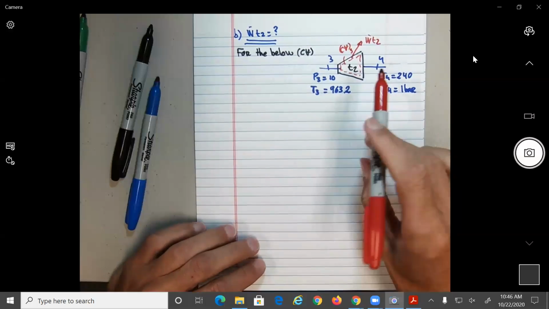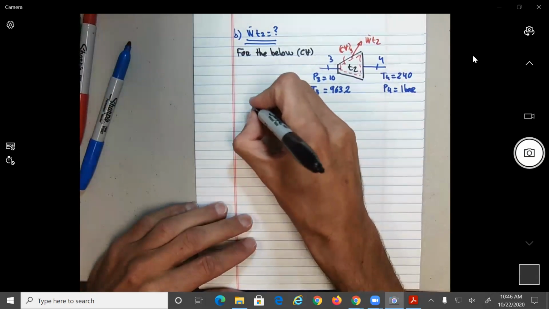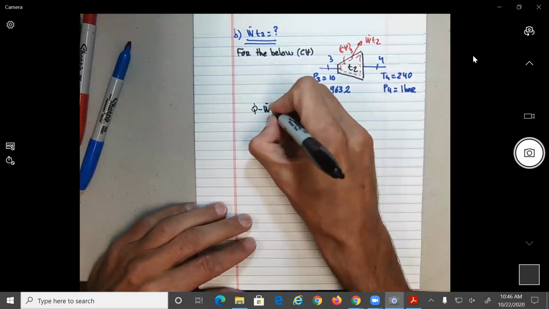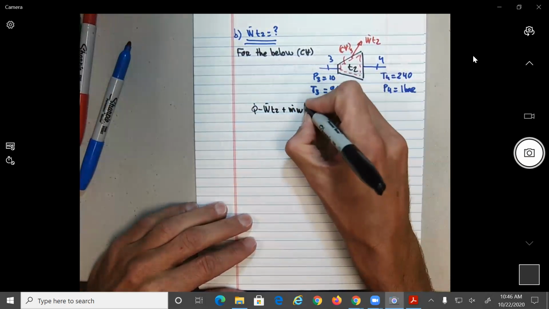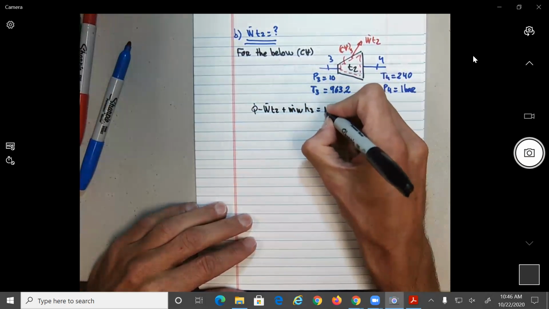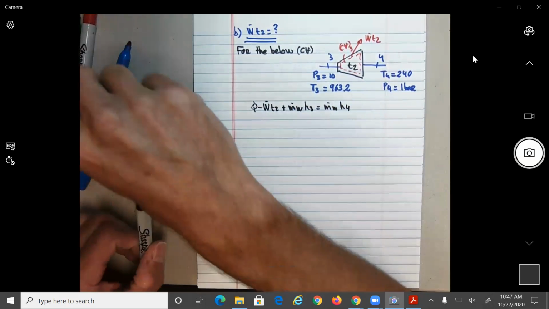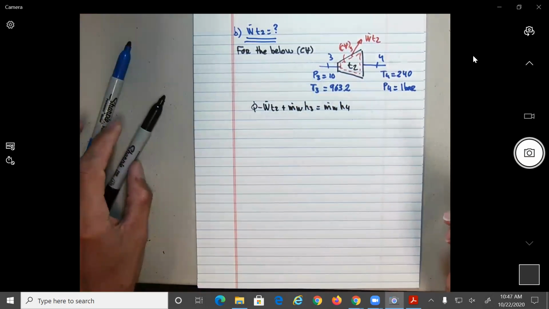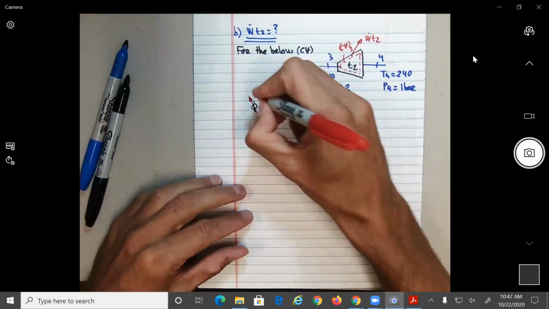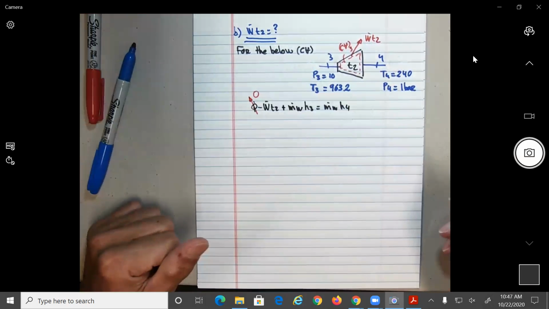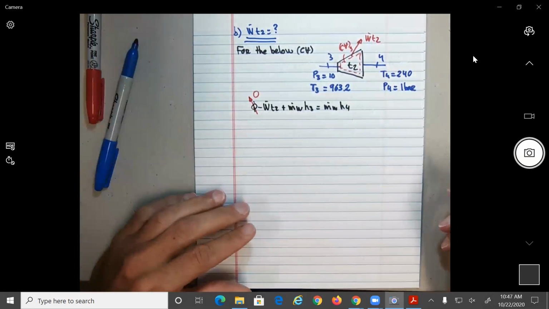Okay, so for this control volume, we can write down Q dot minus power of turbine 2 plus mass flow of water times H3 equal to mass flow of water times H4. Once again, we know this is an insulated system, so the heat is 0.